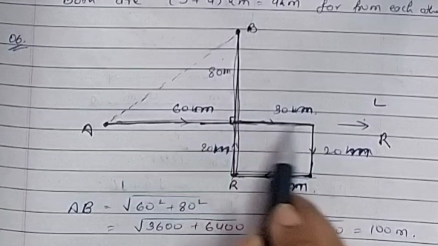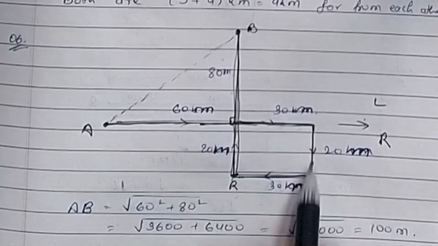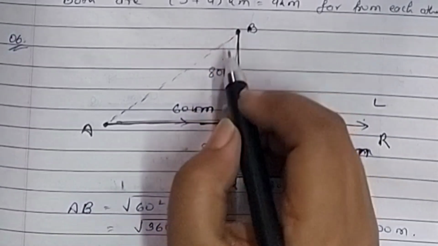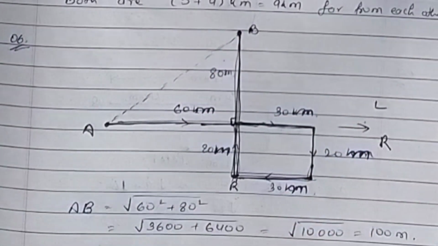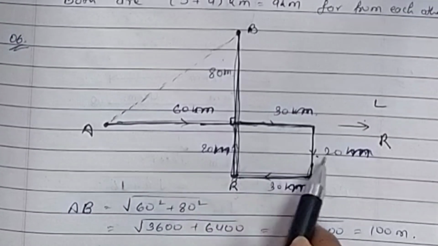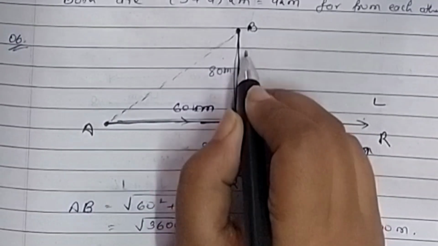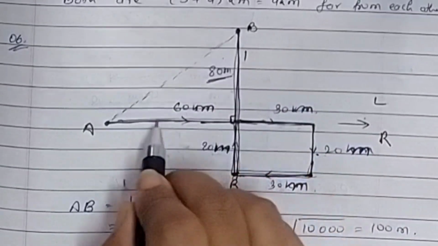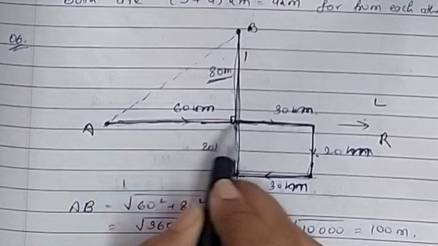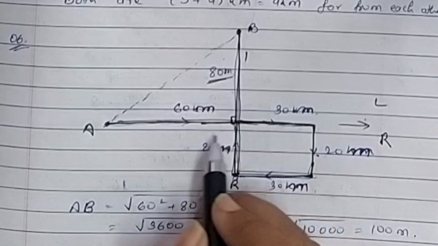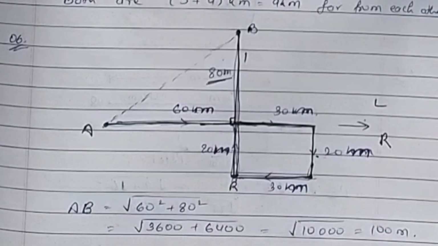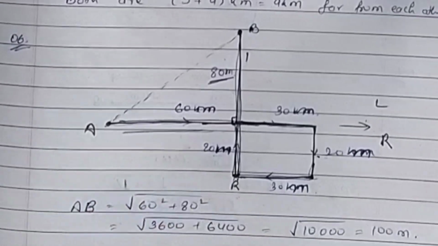So this will be 30 and this will be 20, and we already know that the whole distance is 100, and if we subtract this 20, then in the upward direction we will get 80 meters. And we know that this is 90 meters, and if we subtract this 30 meters, then we will get 60 meters on this side.